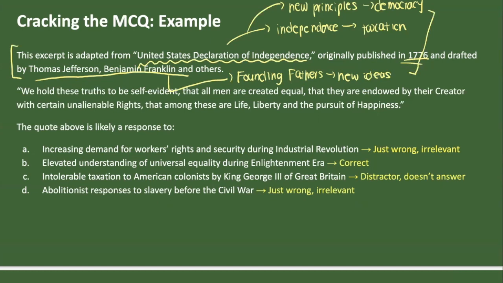Then let's try to analyze this excerpt. We hold these truths to be self-evident, that all men are created equal, that they are endowed by the Creator with certain unalienable rights, and among these are life, liberty, and the pursuit of happiness.